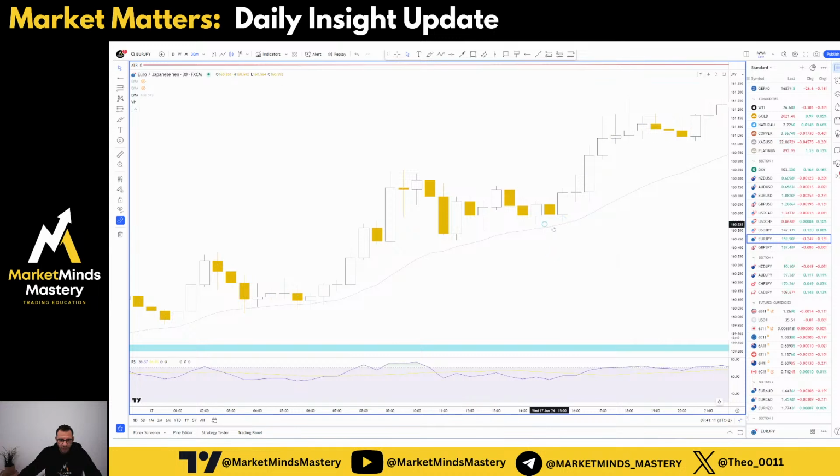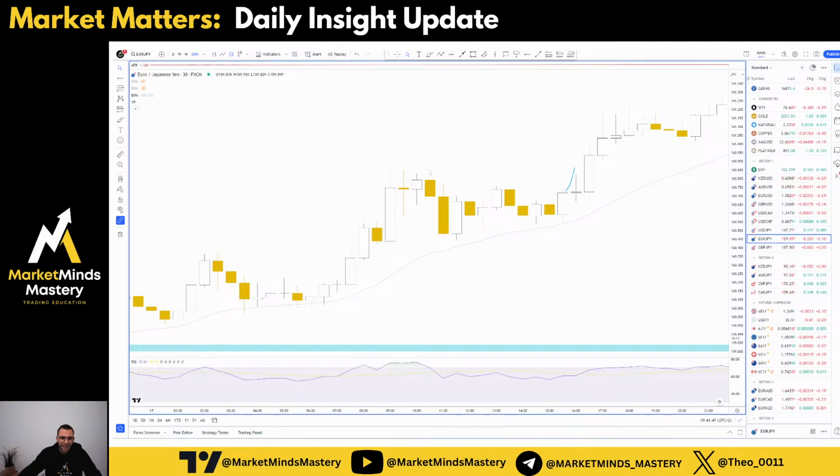The difference with the hammer is that the price made a lower low, but it closed higher than the previous candle high. So a bullish engulfing doesn't show that the market is about to reverse. It shows that the opposite force, the buyers, already took control of the market. They already pushed the price higher. So it's a stronger signal than the hammer.